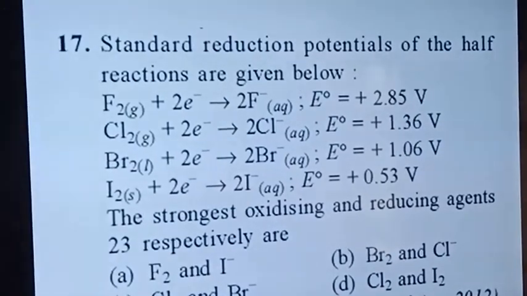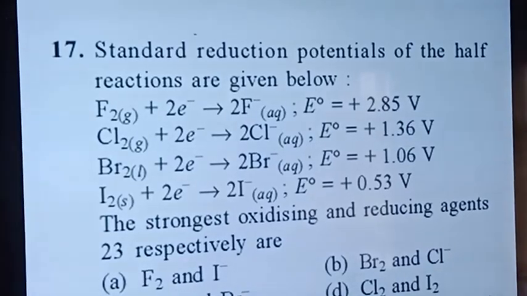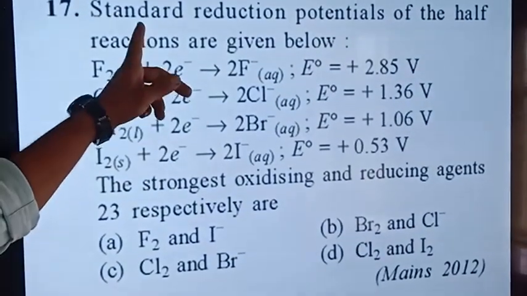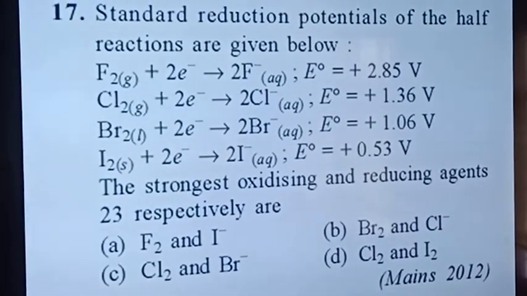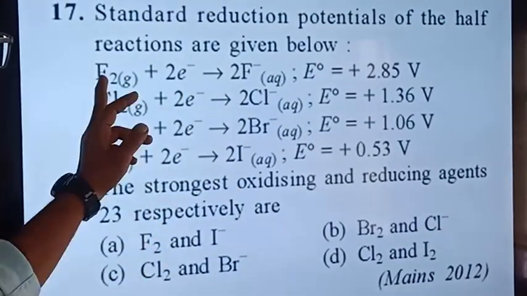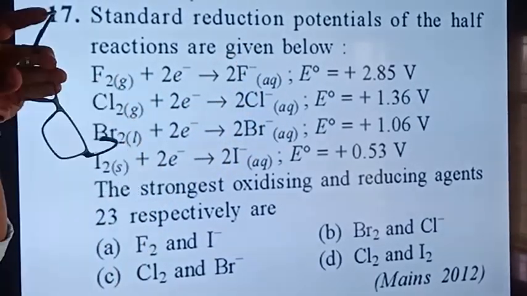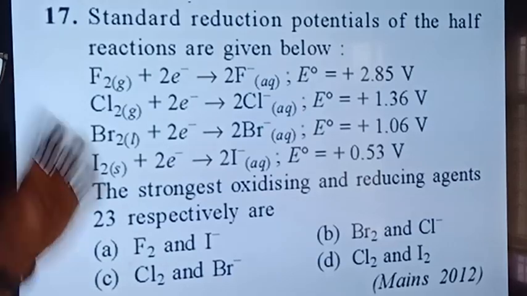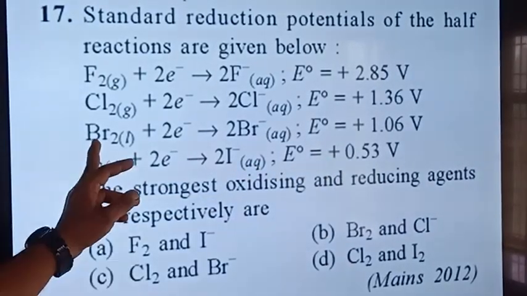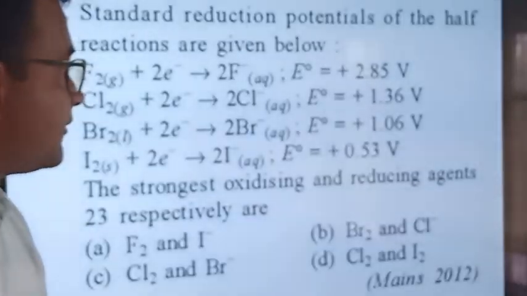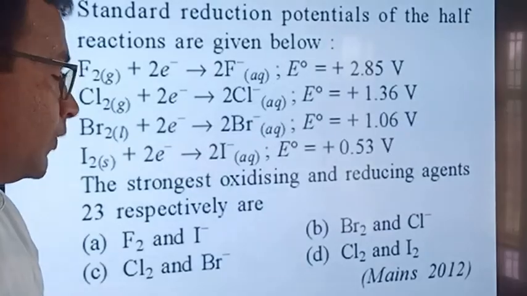Question number 17. Just one NEET question, an APMP question in fact. Standard reduction potential, SRP values are given for half reactions: fluorine to fluoride plus 2.85 volt, chlorine to chloride plus 1.36 volt, bromine to bromide plus 1.06 volt, iodine to iodide plus 0.53 volt.